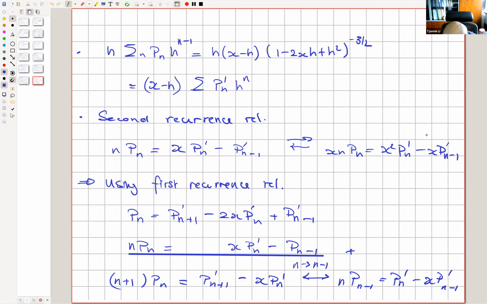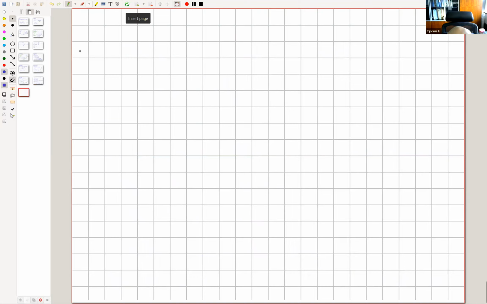And if I now subtract this equation from this equation over here, I'm actually getting the following. Let me copy everything down. Okay, so what do I do?